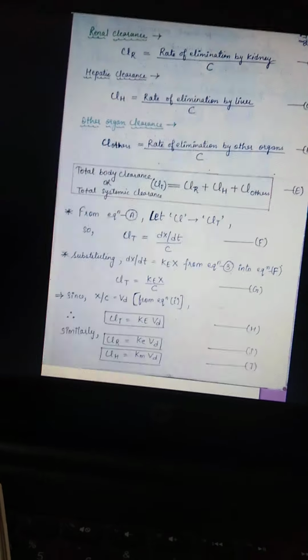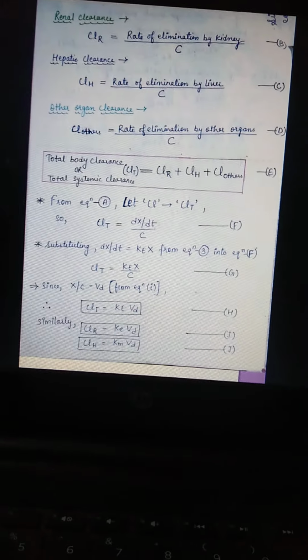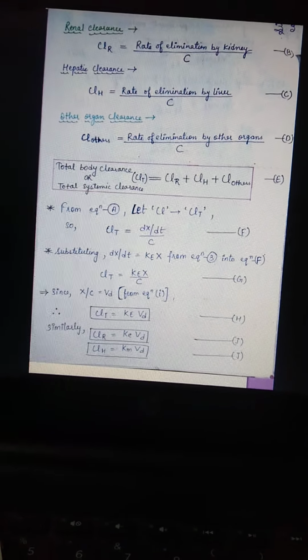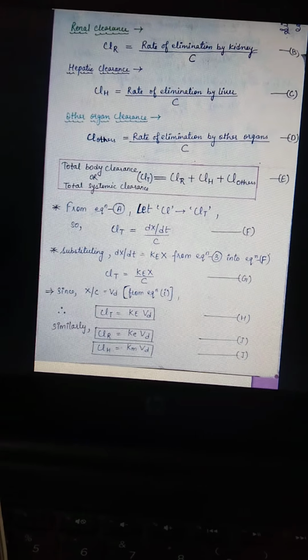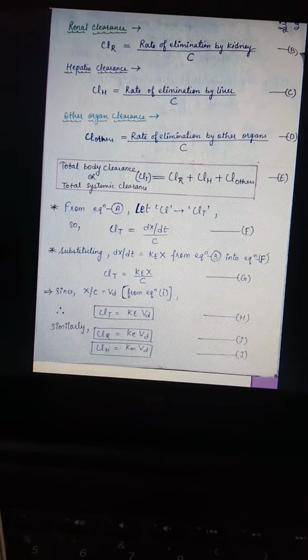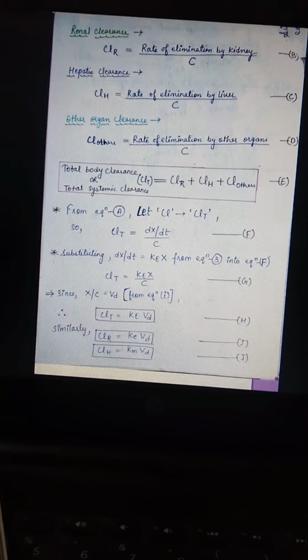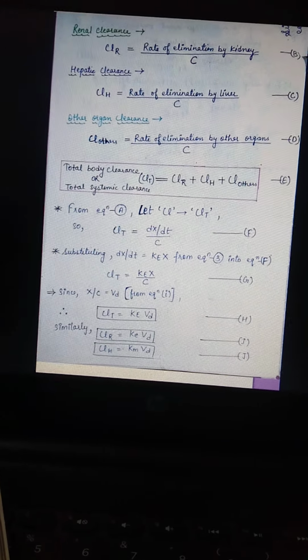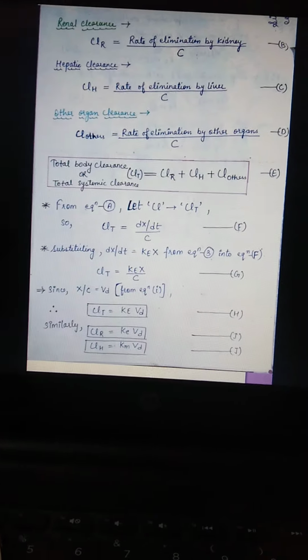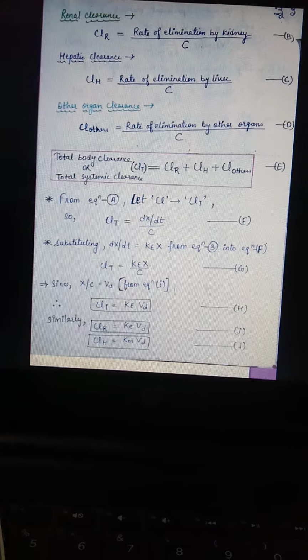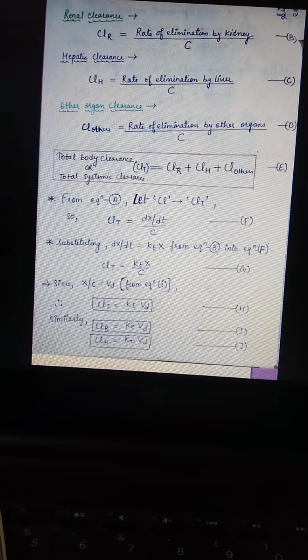For example, renal clearance is denoted by CLR, and it is the rate of elimination by kidney upon C. In organ clearance, hepatic clearance, that is the liver, CLH is equal to rate of elimination by liver upon C. And for other organs, CL others is the rate of clearance by them.